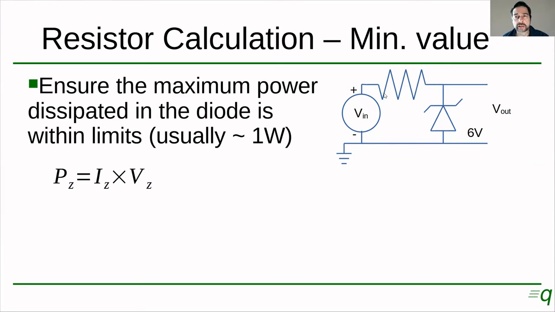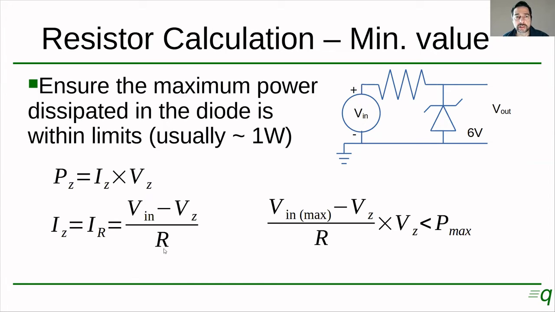So if we want to calculate the power dissipated on the Zener diode, that's going to be equal to the current through the Zener diode times the voltage, right? And the voltage is defined by the characteristic of the diode itself, in this case, 6 volts. Now the current is going to be the input voltage minus the Zener voltage divided by the resistor, okay? That's simply applying Ohm's law to this resistor.